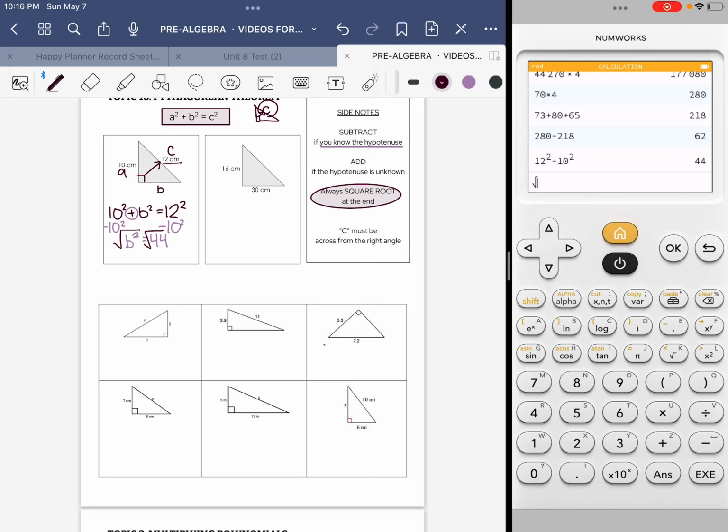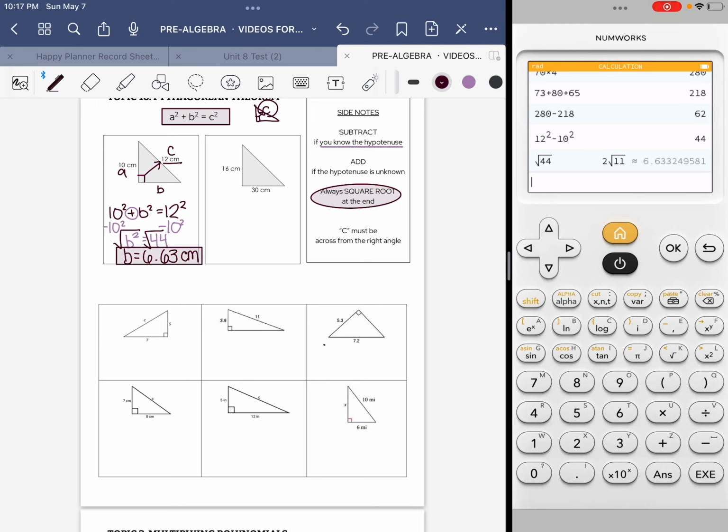And that'll tell you square root of 44 is 6.6332. We want to round to 2 decimal places, so that would be 6.63, because the next number is a 3, which means we don't have enough to round up. Oh, and this would be, sorry, before I circle that, centimeters.